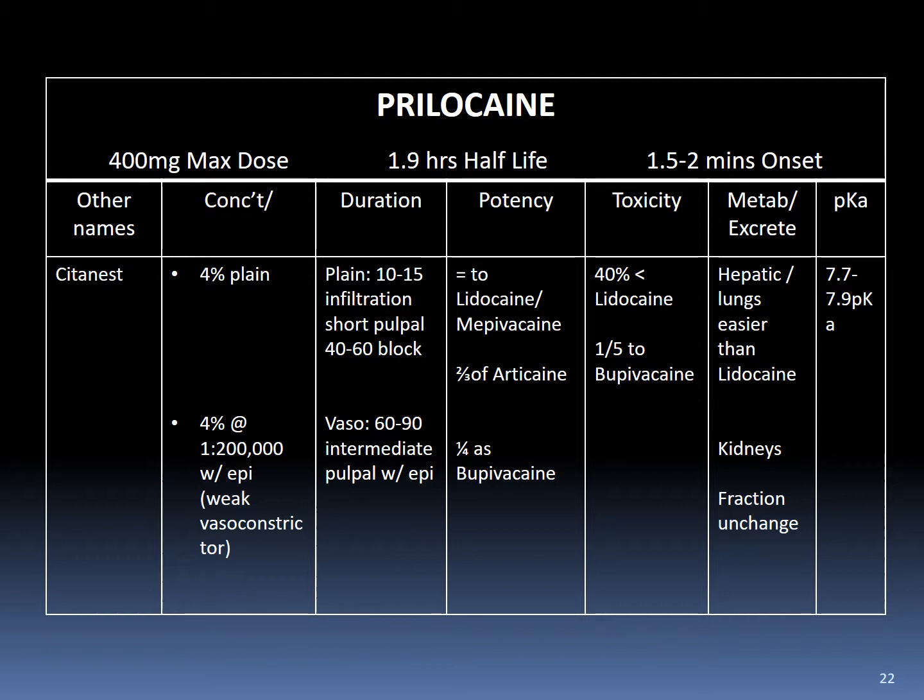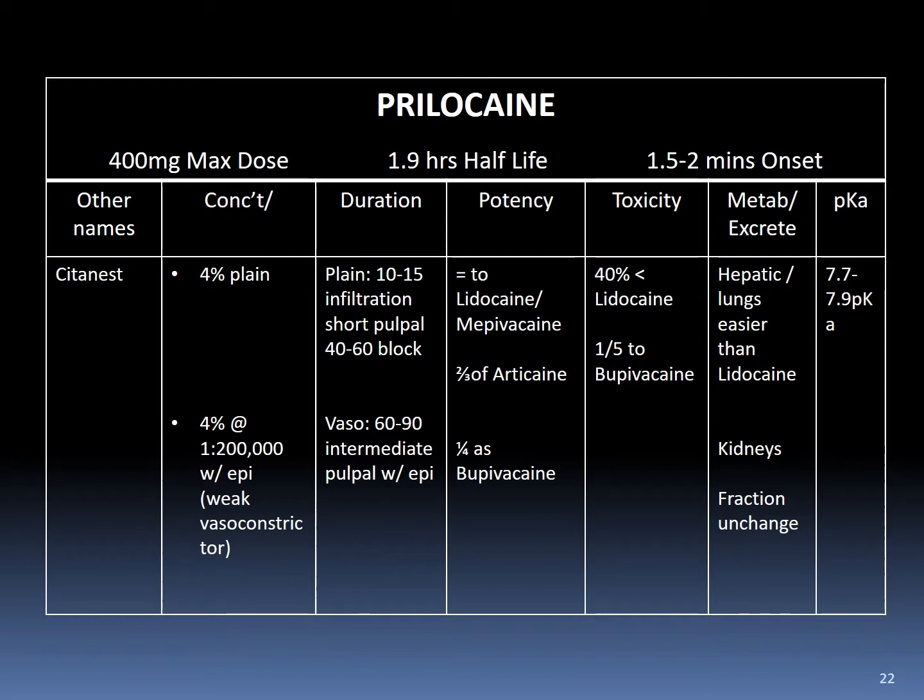If this drug plain is administered as an infiltration, you'll have about 10 to 15 minutes of working time. If it's administered as a block, it will have a longer duration of 40 to 60 minutes. When you use this drug with the vasoconstrictor, your working time is up to almost 90 minutes.